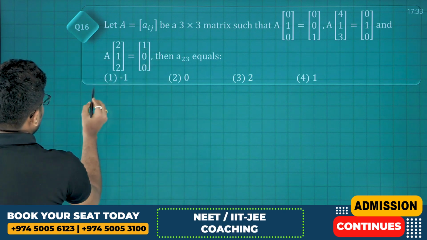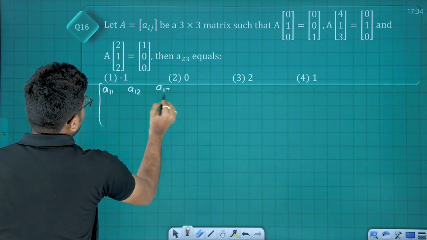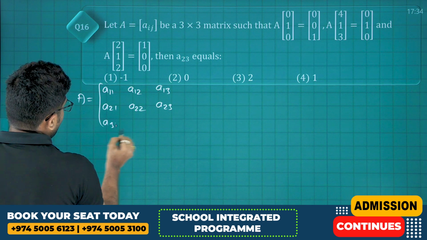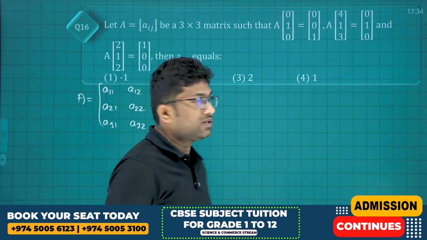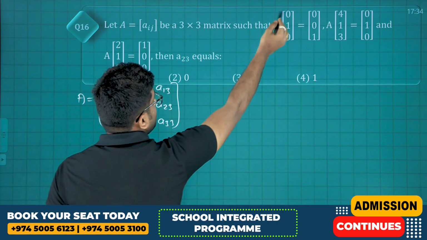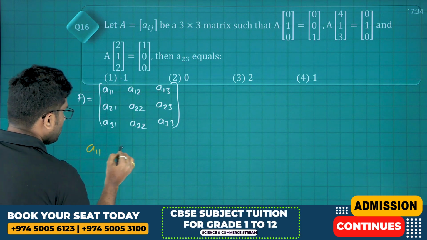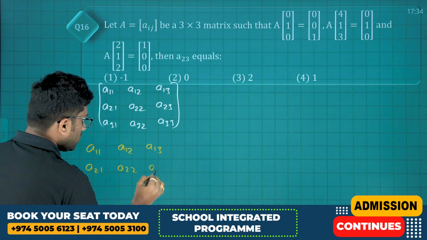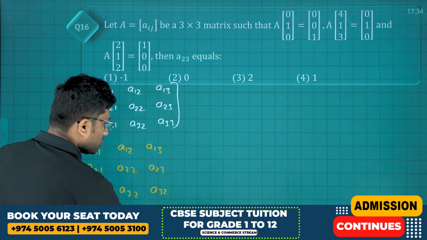So let's say A is a 3 by 3 matrix, meaning A11, A12, A13, A21, A22, A23, A31, A32, A33. Now when we multiply this with 0 1 0, first case, let's take it from here.